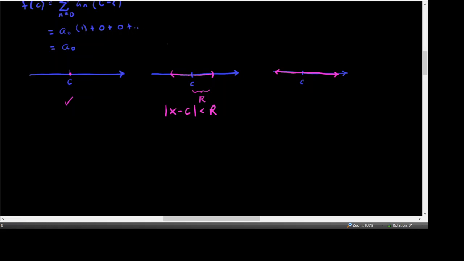So I'm going to write that divergent part up here. Actually, let me change colors so that that's really clearly something different. Make that red. For something that looks like this, it would diverge for the absolute value of x minus C greater than R.